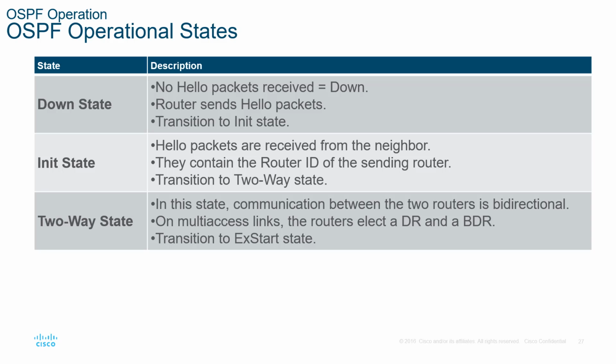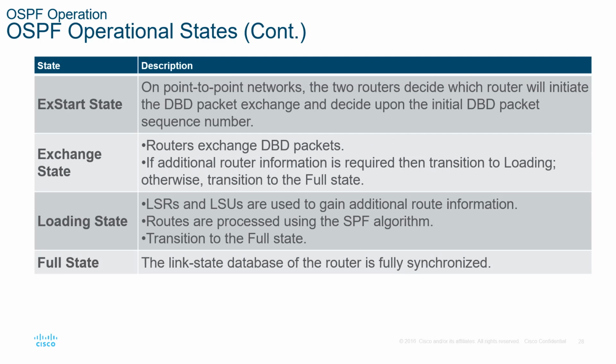After they designate a designated router, the two-way state will transition to an ExStart state. In the ExStart state, the two routers will decide which router will initiate the DBD packet exchange. Again, that's the database. They will then decide upon the initiating DBD packet and the sequence number.